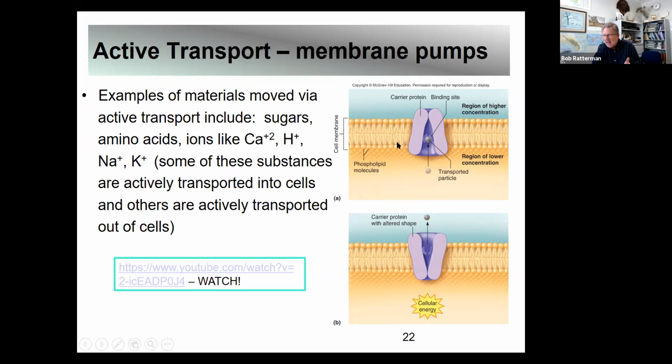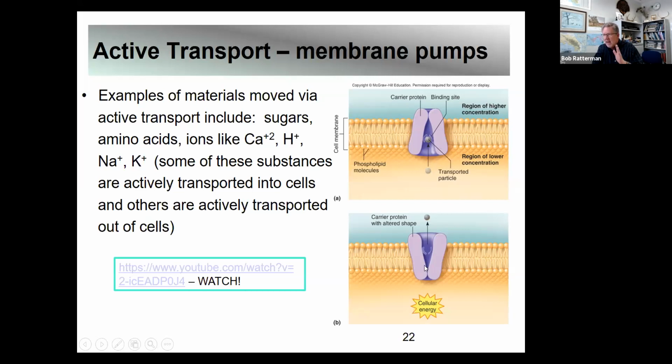Okay, it doesn't define inside or outside of cell here. It just says lower concentration on this side of the membrane, higher concentration on this side. It could be this is the inside, that's the outside, or vice versa. But the point being, you're moving against the gradient, moving toward a higher concentration from a lower.